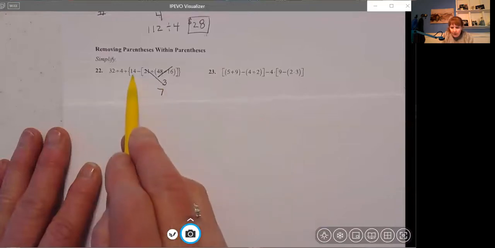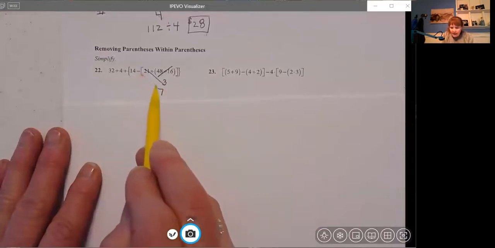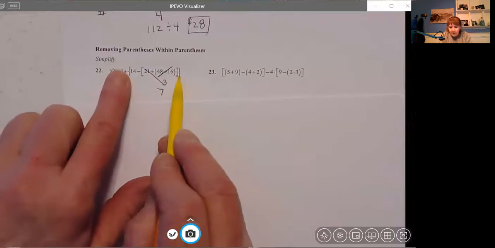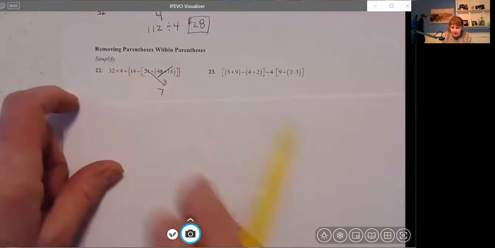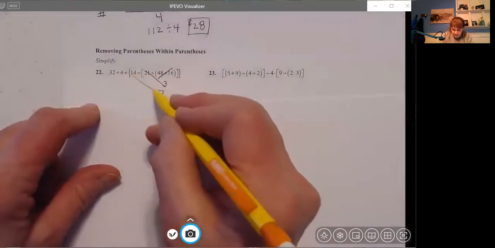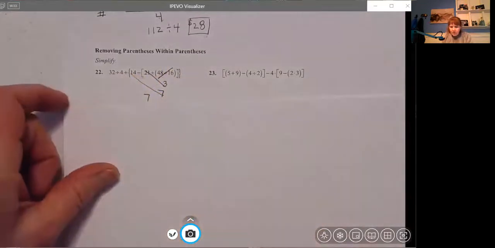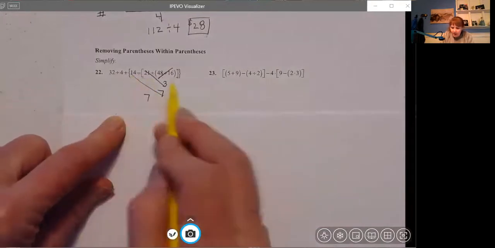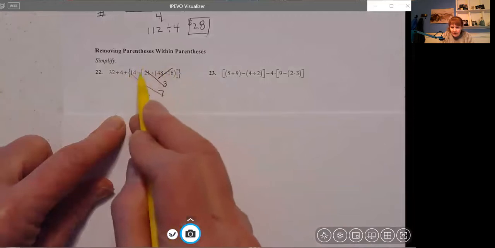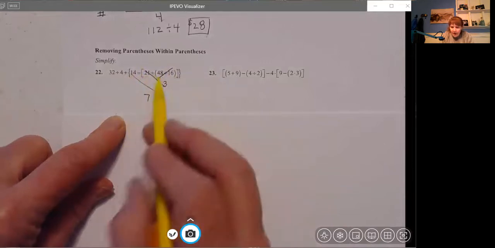Then we'll take 14 and subtract the 7, because we're working inside the brace now. 14 minus 7 is 7.